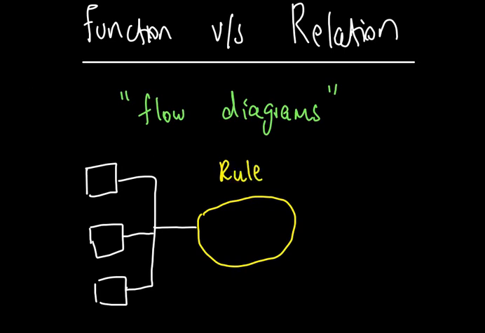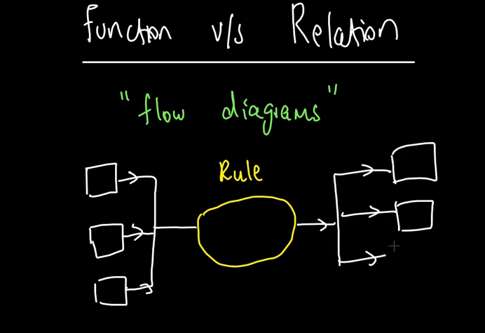It's a flow diagram because we start here, then we go there, and then it yields the following. So we get another one here, then we get another one there, right?